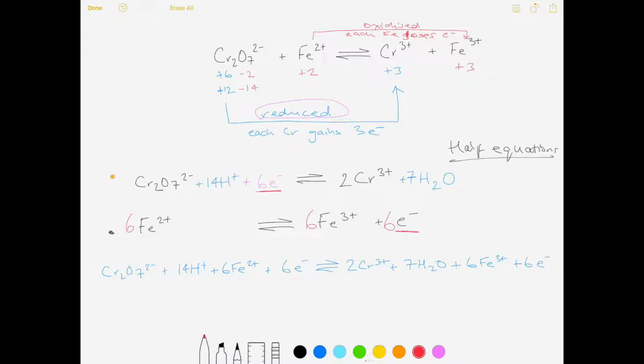And it's a simple case of cancelling out. There are no H pluses on the right, there's only water. We can cancel out the 6 electrons, and that leaves us with our final equation, which is the exact same equation minus the electrons.